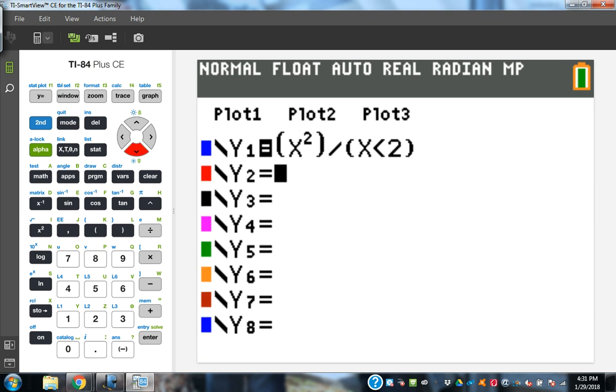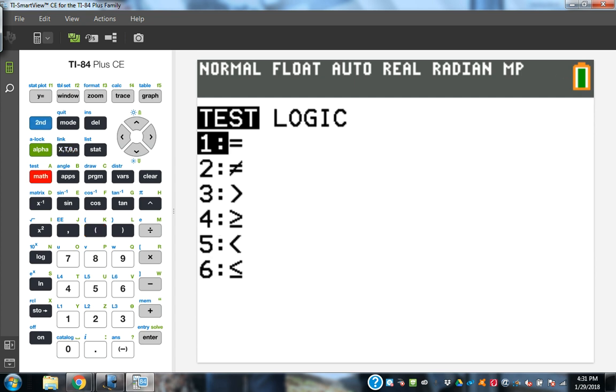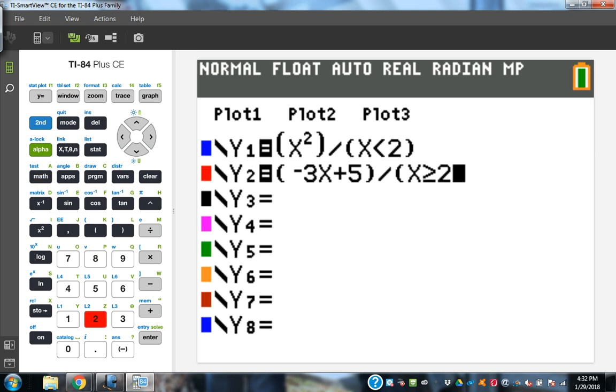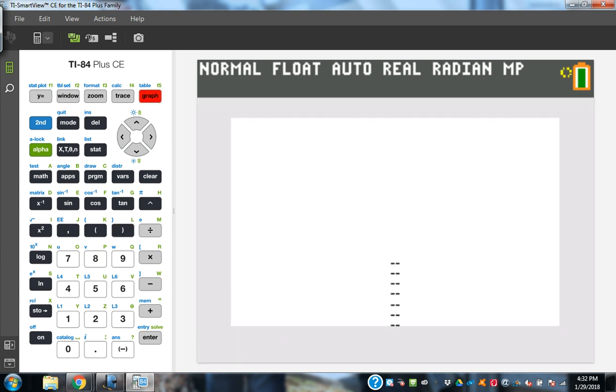And then the second part, parentheses, negative 3x plus 5, close parentheses, division symbol, parentheses, x, second math, is greater than or equal to 2. Greater than or equal to is 4. A little shorter on this one as far as getting all that stuff typed in. And then I hit graph.